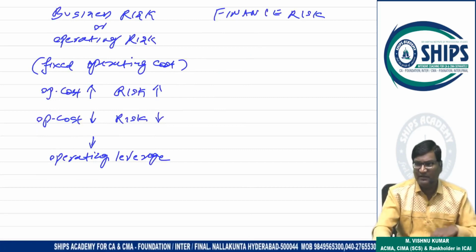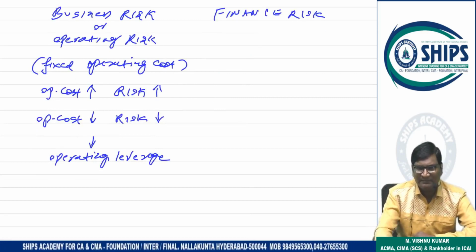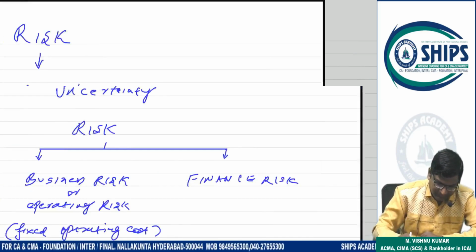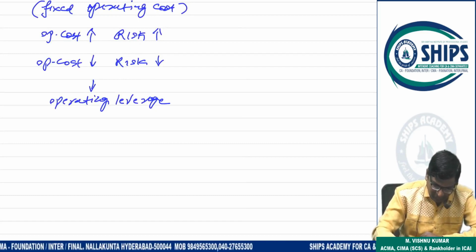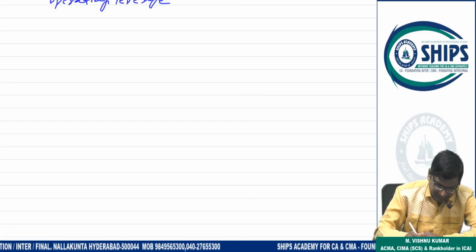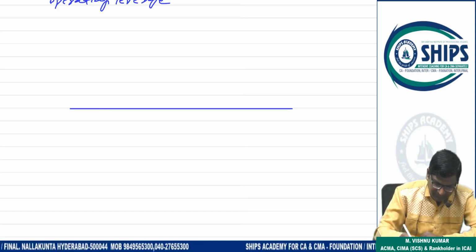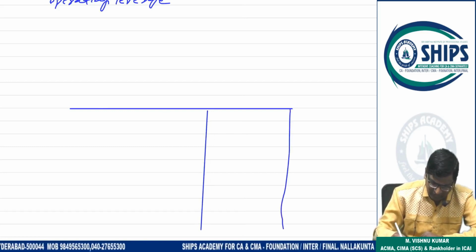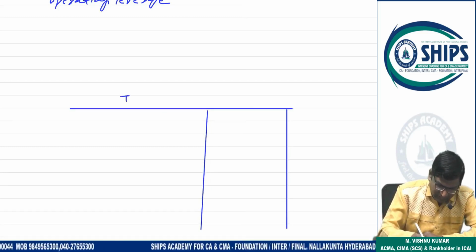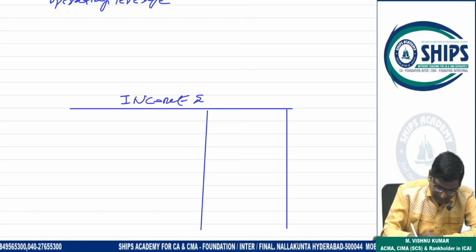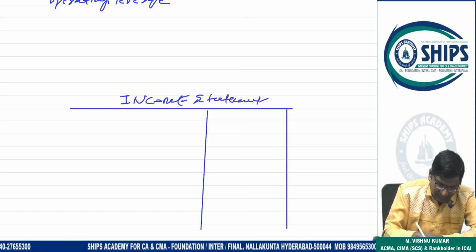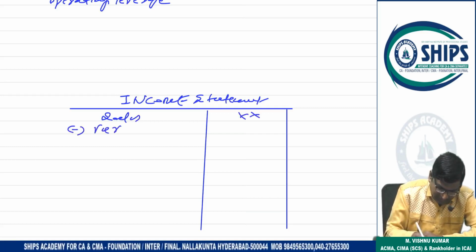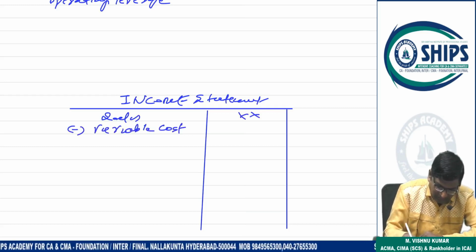Now earning before interest and tax means what? I hope all students learned the marginal costing chapter in group 1. Even if you have no idea about that, focus here. So this is called an income statement. In the income statement, first we write sales. From sales, first we deduct variable cost.